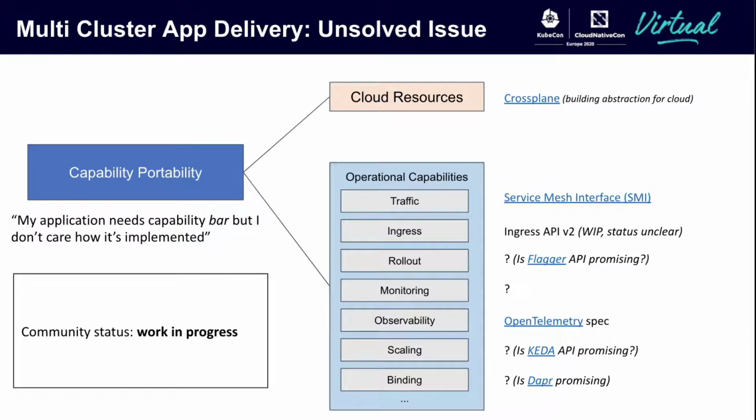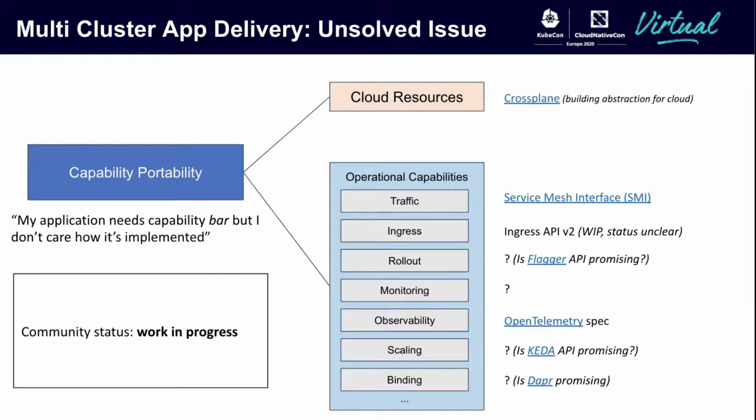But the second issue is a little bit more complicated, which is the portability of your operational capability. For example, I want to deploy my application to multiple clusters in multiple clouds, but how can I define a certain operational capability without needing to care about the details of the cloud providers or the different clusters, right?